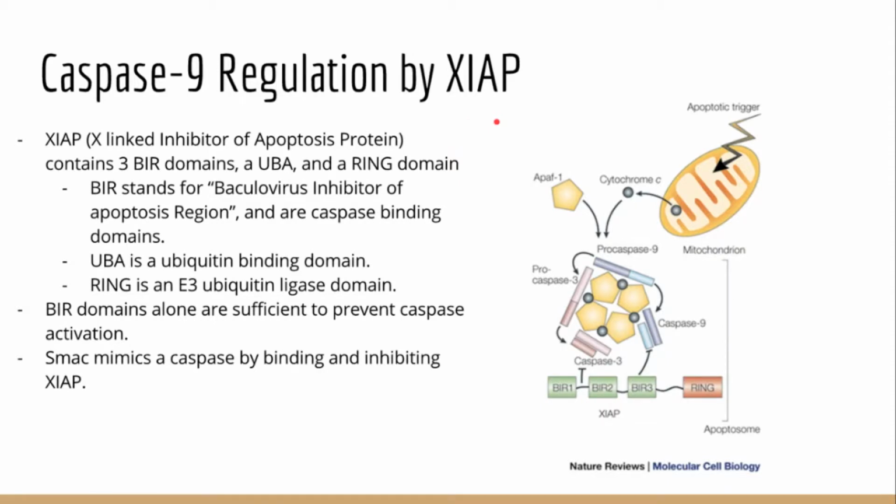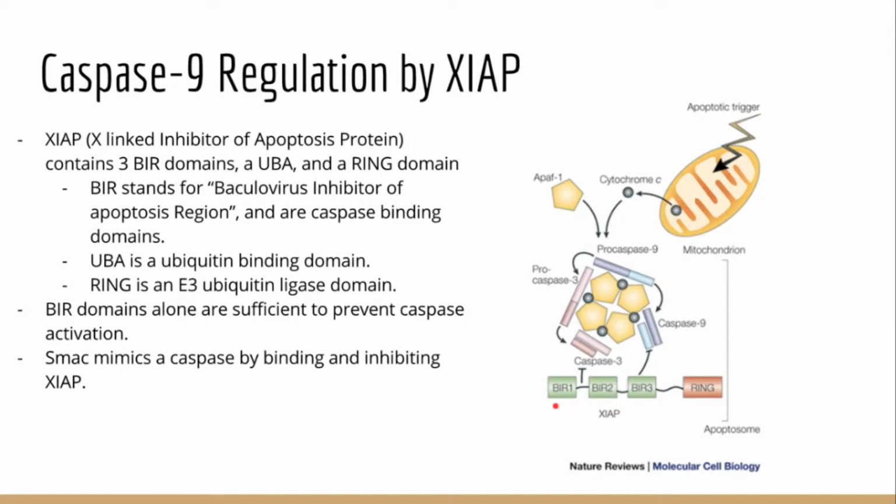This XIAP protein, or X-linked inhibitor of apoptosis, has 3 critical types of domains. The most important domain is the BIR, the baculovirus inhibitor of apoptosis repeat.